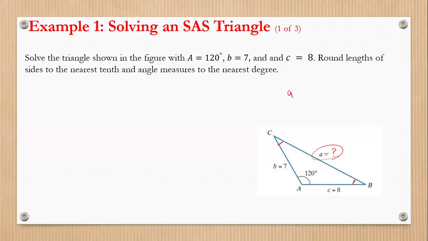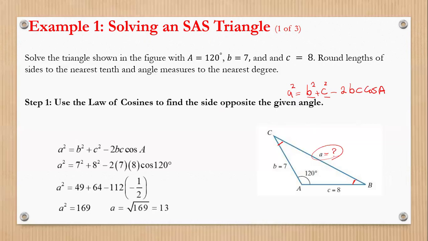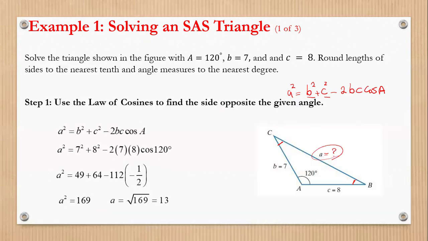It's a squared, which is equal to the other two sides squared minus 2, multiply these two sides again, and multiply with the cosine of the angle which is between these two sides, and that's angle A. So that's the formula that I'm going to use. So write the formula and replace numbers, and then we find a squared is equal to 169, and if we take the square root, we get 13 for the third side.